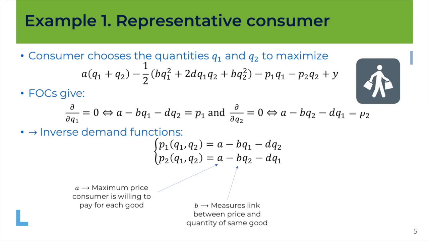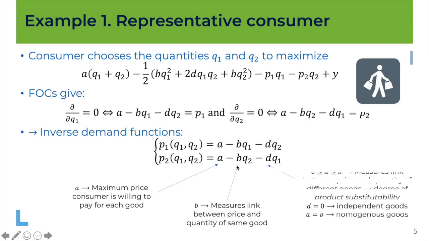It will decrease with the own quantity of the goods with this parameter B, and it will decrease with the quantity of the other goods according to this parameter D. D plays an important role here because it will somehow indicate how close substitutes the two goods 1 and 2 are. So D, we assume, can take any value between 0 and B.